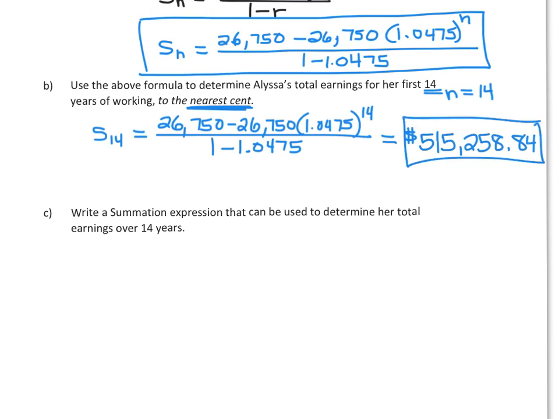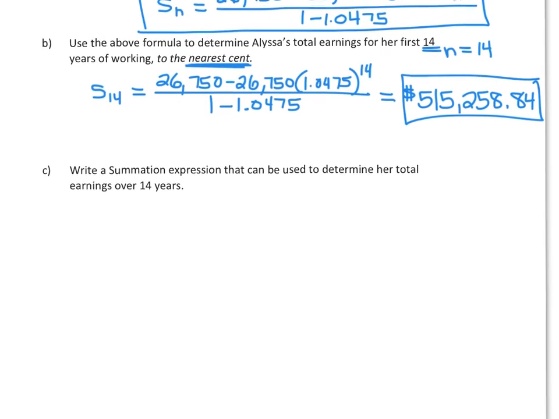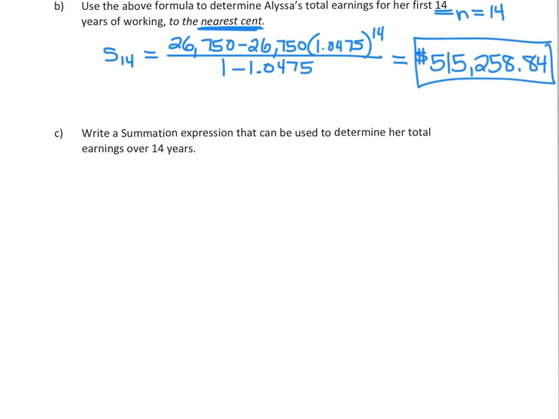Okay, and then part C wants us to basically take the same information and write it in summation notation. Okay, so we know that in order to do that, we need to use the sigma symbol. We're going to start at year 1, and we're going to go all the way up to year 14.